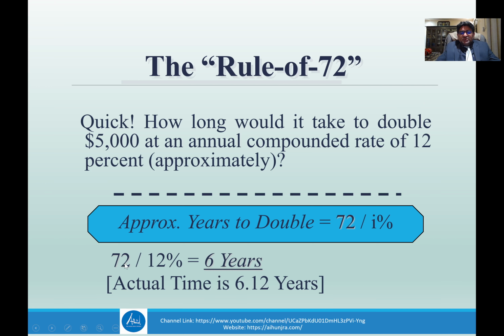So 72 divided by 12, and its answer is 6 years. It's rounded, approximately. If we calculate it through the formula, the actual calculated time will be 6.12 years. They are more or less the same. There is a nominal difference.